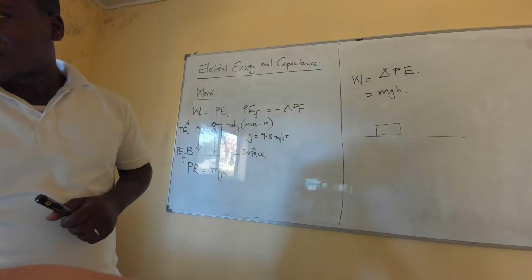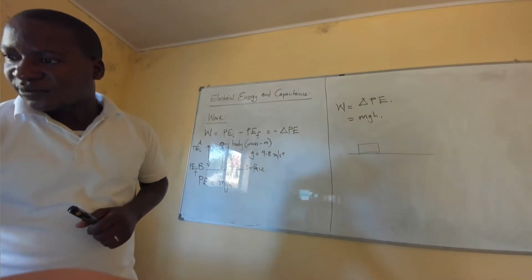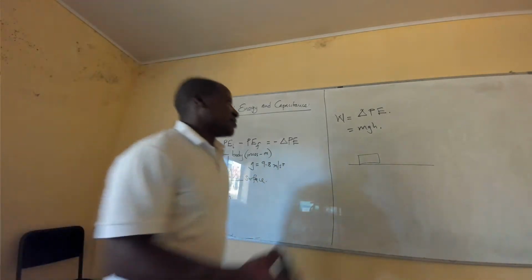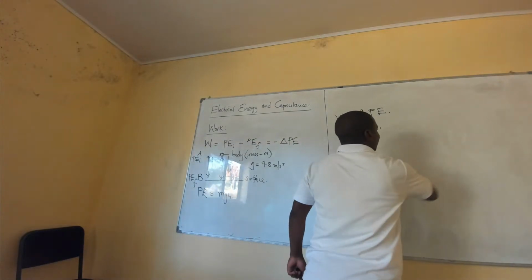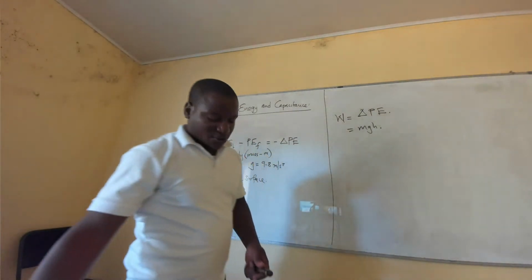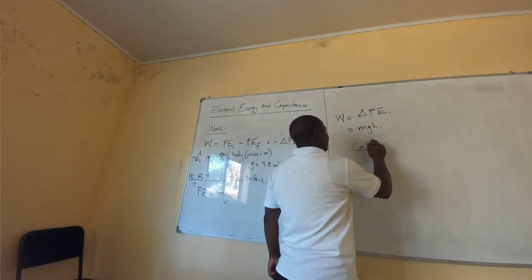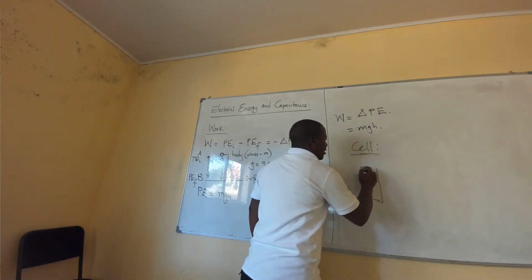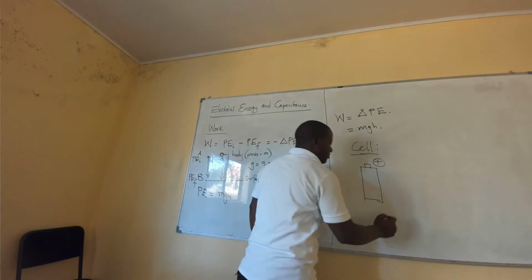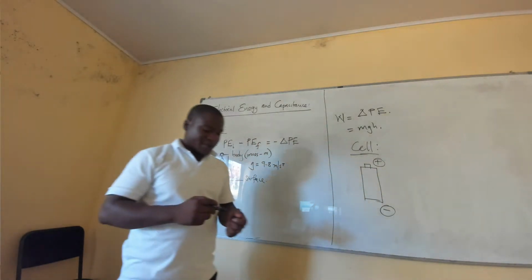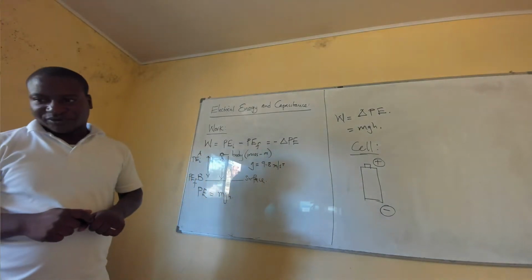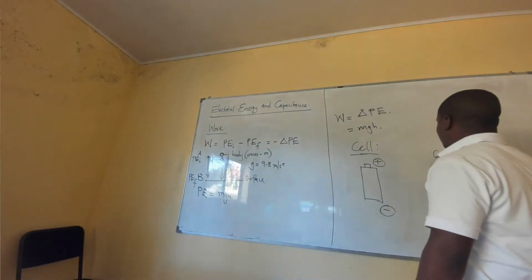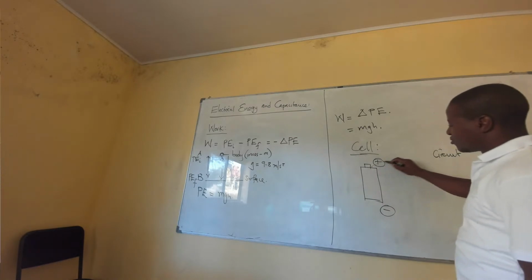Okay, we move on. Let's look at the potential energy in the form of the terminals of the battery, like we mentioned last week. In a cell, for example, we have this arrangement where we have the positive terminal and the negative terminal. In order for us to complete this circuit, we need to connect these two terminals.